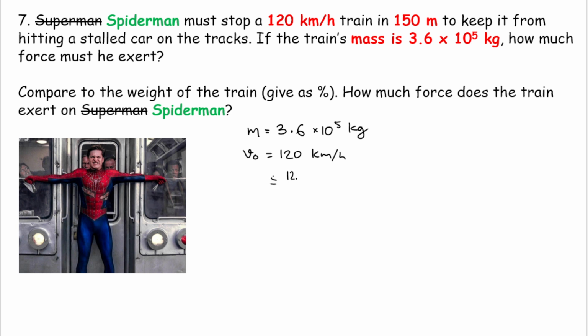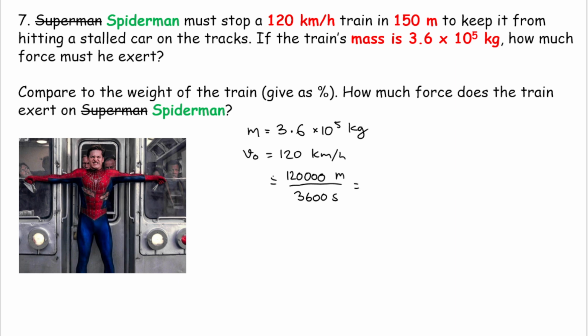So 120 km is 1200 meters. Or no? I think I need one more zero, right? 120,000 meters. And then we need to convert the hour into seconds, and 1 hour is 60 minutes, and 1 minute is 60 seconds. So I'll have 60 times 60, we will have 3600 seconds.